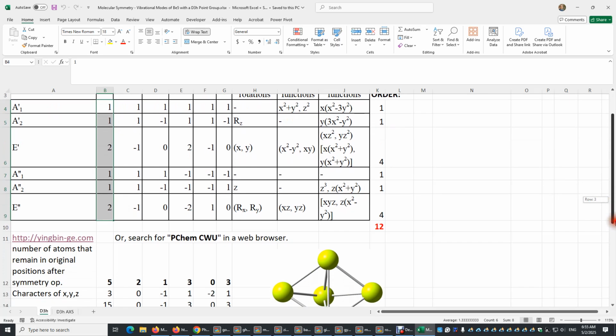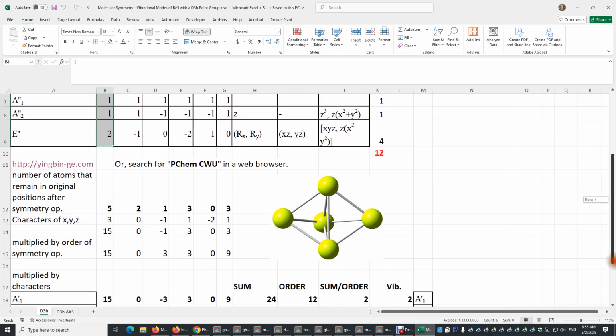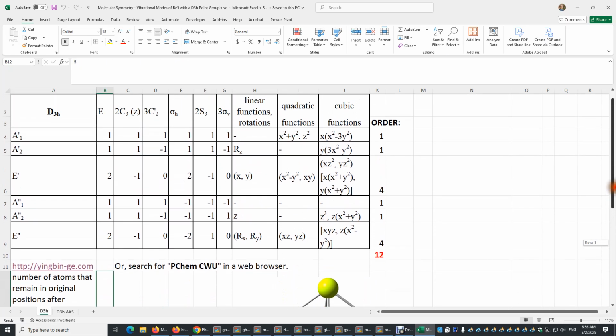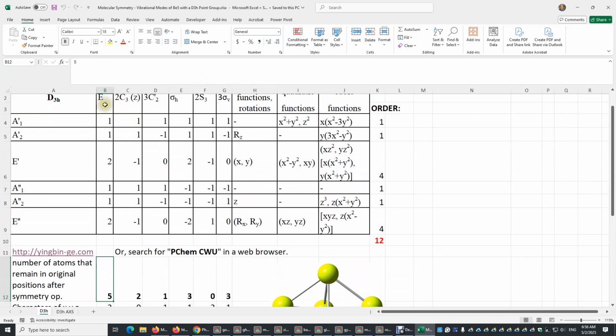Now let's look at the vibrational modes. Step number 1, we need to determine the number of atoms that remain in their original positions after a symmetry operation. So this is under the identity operation E. You can see E over here.